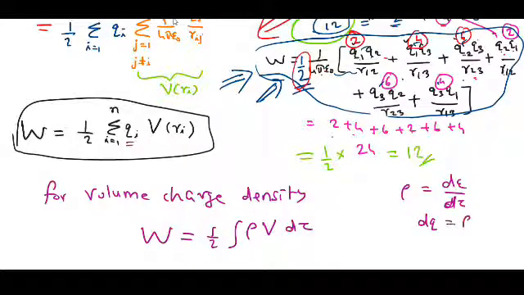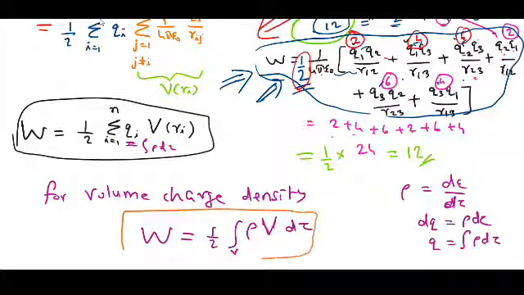Then dq is equal to rho d tau, q is equal to the integral of rho d tau. Instead of this q we have substituted the integral of rho d tau. V is the potential as it is. This is a volume element. This V is the electric potential. This is the expression for the energy stored in the charge distribution. Okay, thank you very much.